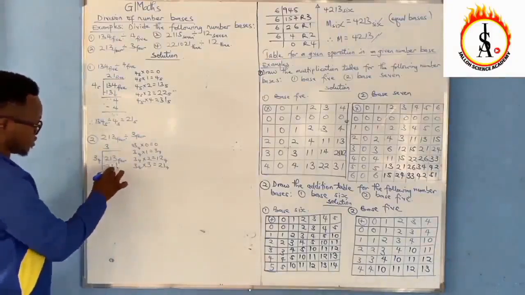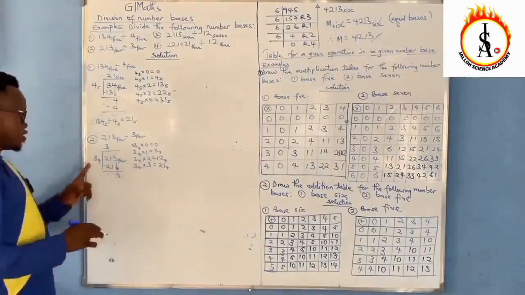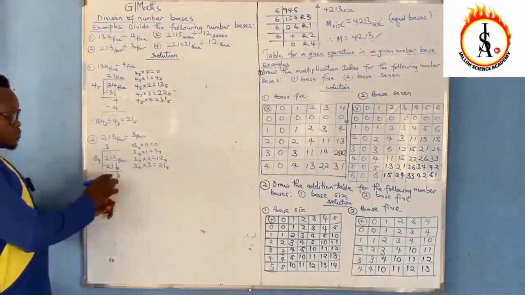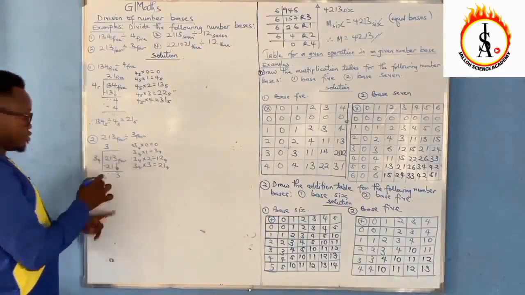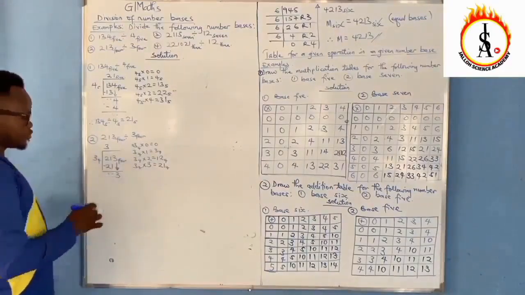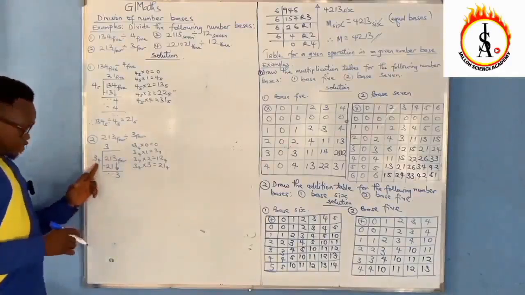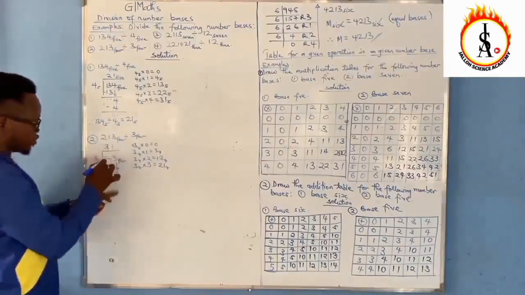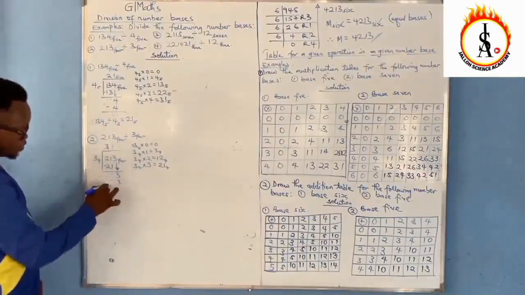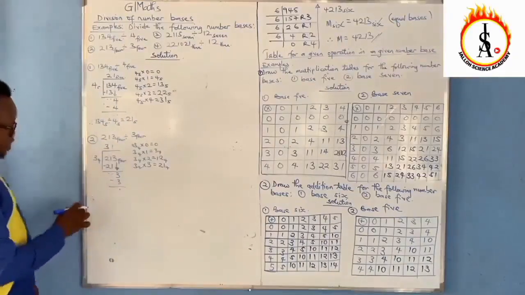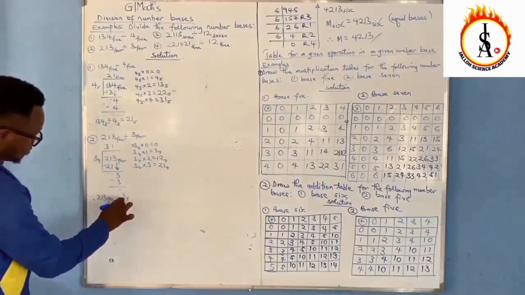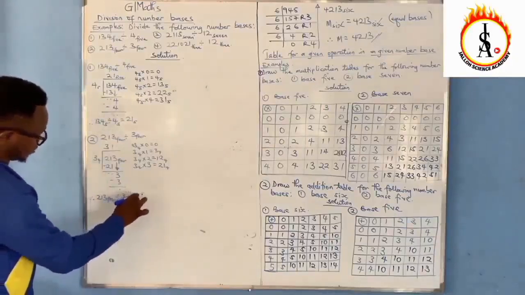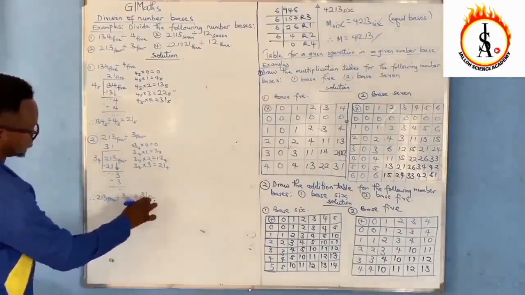We bring this 3 down here. 3 into 3 in base 4 is 1 times. 1 times 3 is 3, so you subtract, you get 0. Therefore, 213 in base 4 divided by 3 in base 4, the answer is 31 base 4.